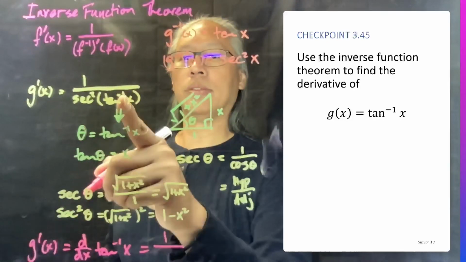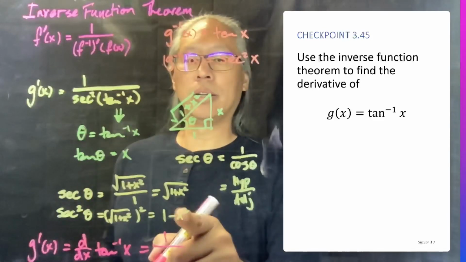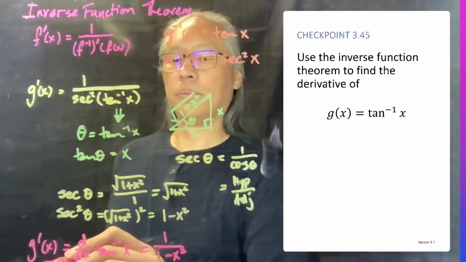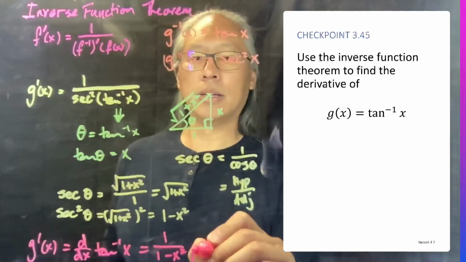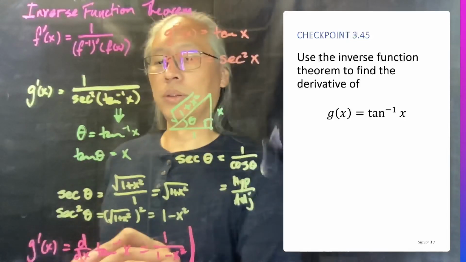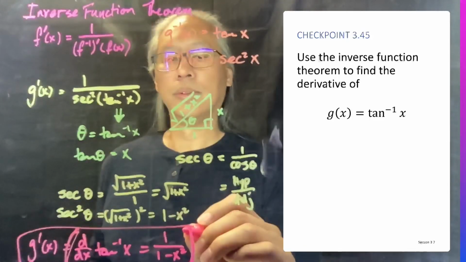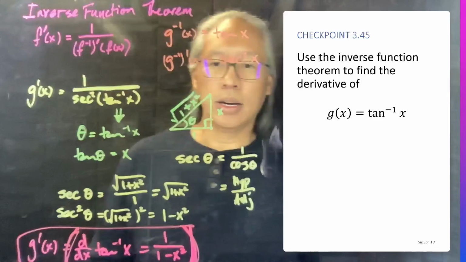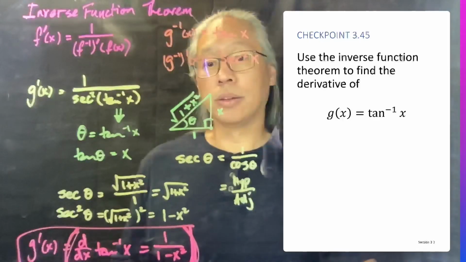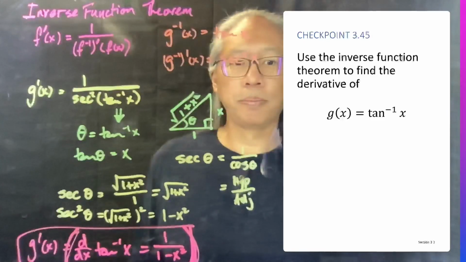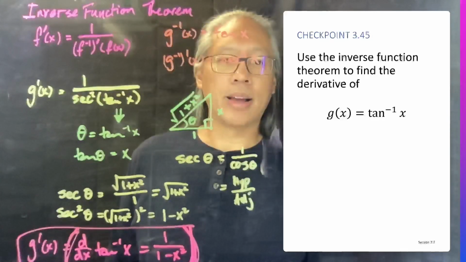So the secant of tangent inverse quantity squared is just going to be 1 plus x squared. So this is the formula that we're going to get to remember for quicker access to finding derivatives of the arctangent. Okay, I hope that helps.